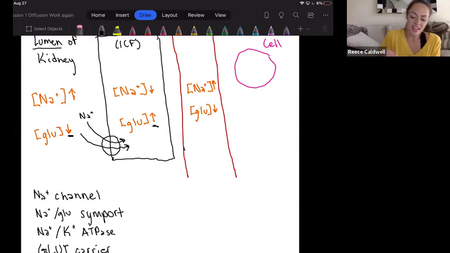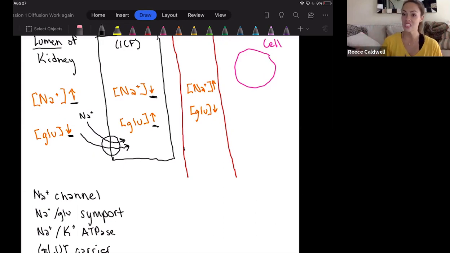What we see is that sodium is moving with its concentration gradient, from high to low. When it does so, it gives off some energy to that glucose so that glucose can move against its concentration gradient.